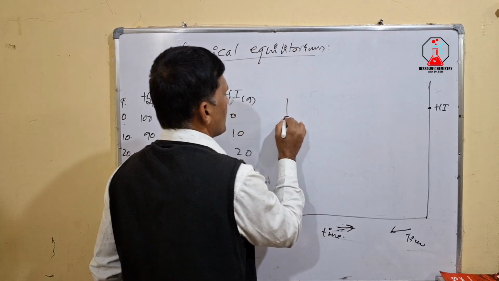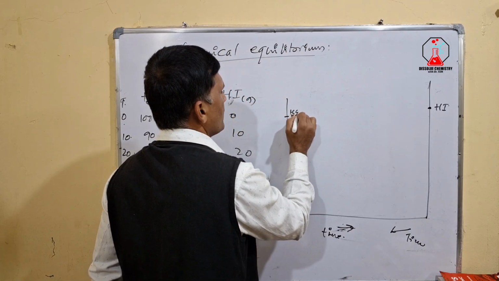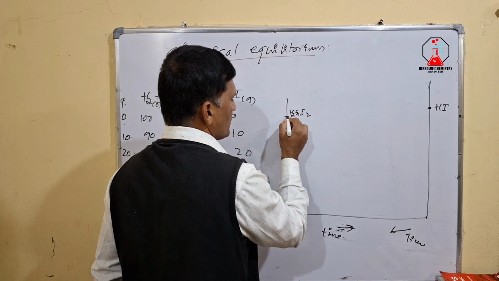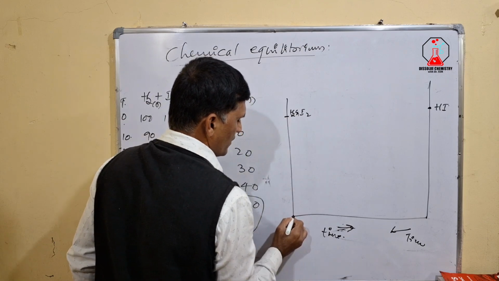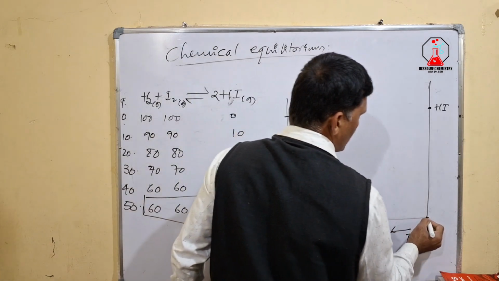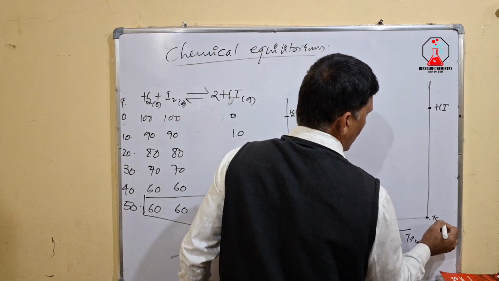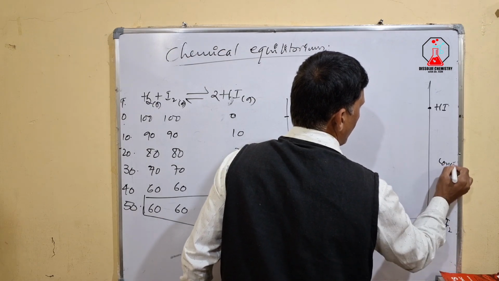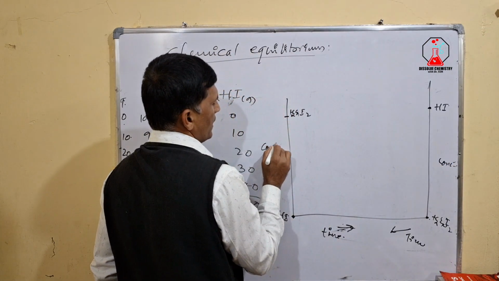Okay, here we have started the reaction with H2 and I2. Okay, so as the reaction progresses, here your initial concentration of HI is here. Okay, here initial concentration of H2 and I2. Okay, so this is the concentration axis, this is also the concentration axis.